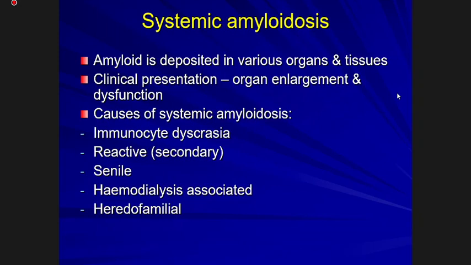For example, for AL amyloidosis, what is the disease related to it? What is the protein that forms it? For AA amyloidosis, what is the protein that forms it, and what are the clinical conditions that you can have with AA amyloidosis?